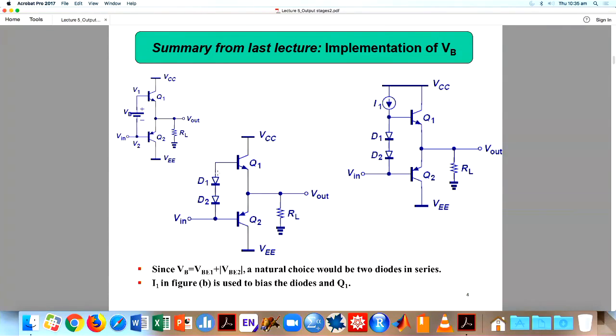And then when you connect a diode, you have to power the diode. It is not a good idea to connect directly to VCC, because VCC is maybe 5 volt. So that's the reason we connect a current source, and this current source will be biased appropriately. It's enough for this D1, D2, and then for the bias in this Q1. So this is class AB.